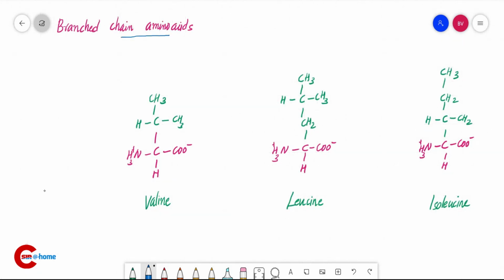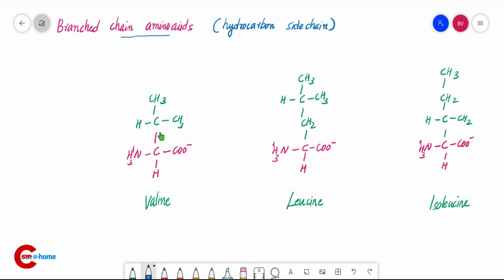The branched chain means it contains a hydrocarbon side chain. Which amino acids? Valine, leucine and isoleucine contain hydrocarbon side chains. These are examples of branched chain amino acids. Now we can study the structure.